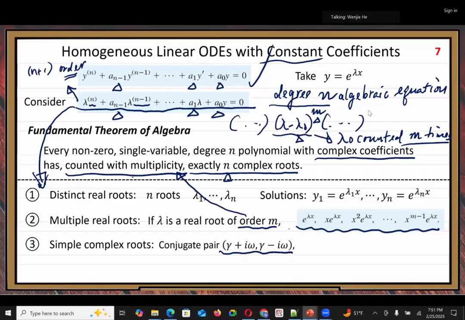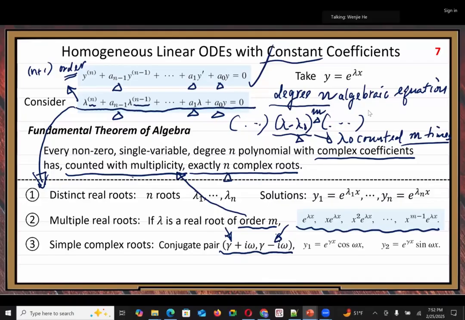That means one lambda corresponds to the first complex number, and the second lambda corresponds to the second number, but they are related, because these 2 lambdas are conjugates of each other. Then we can use the real functions to write our solutions.